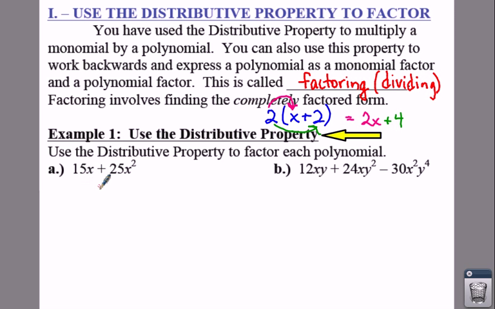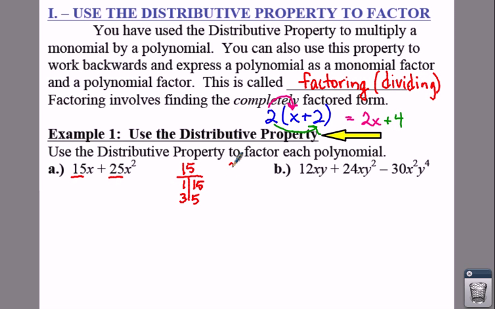So if we look at 15x plus 25x squared, we need to find some number that is in common between 15 and 25. If you list out your factors of 15, you have 1 times 15, and 3 times 5.